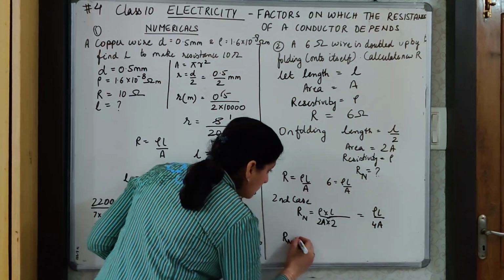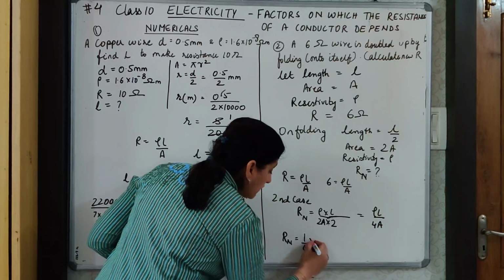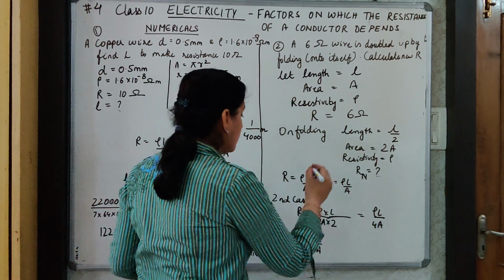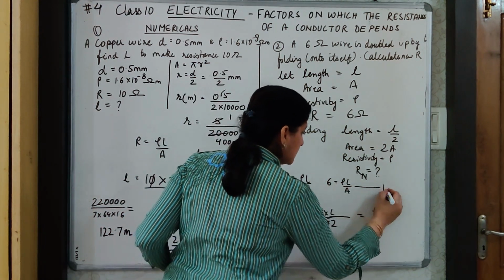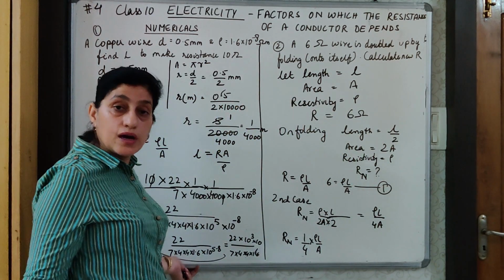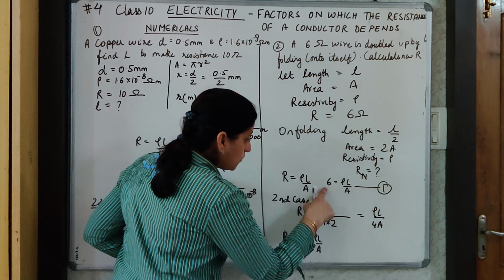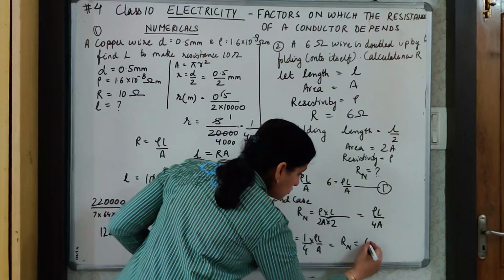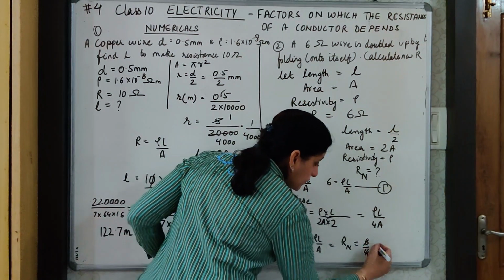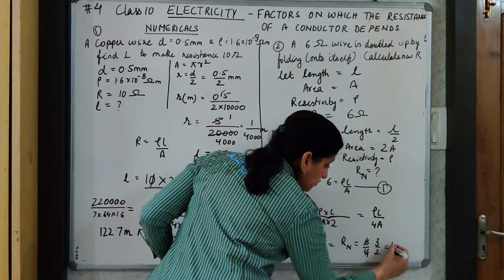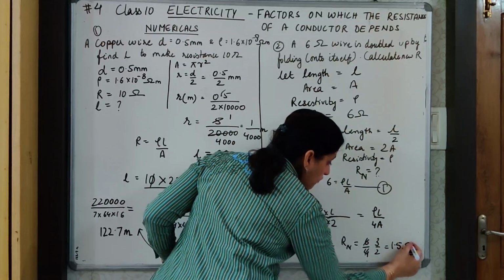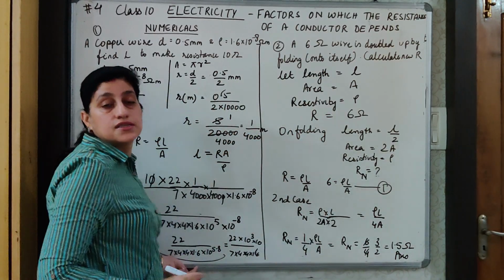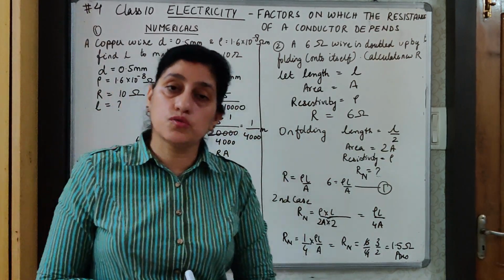R new becomes 1 upon 4 times rho L upon A. The value of rho L upon A is 6. So I put this value of rho L upon A as 6 and I get R new is equal to 6 upon 4, 3 by 2, is equal to 1.5 ohm as the new resistance when the wire is doubled onto itself.